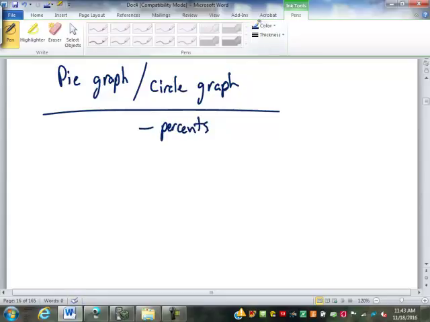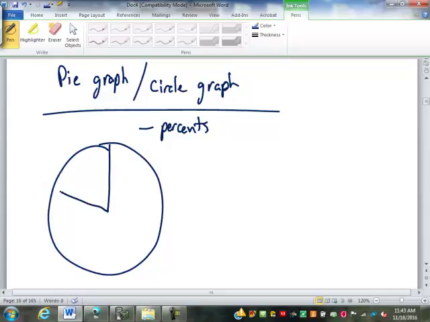For example, you might get a graph like this, where you're told that patients that are currently admitted, outpatient is 20%.